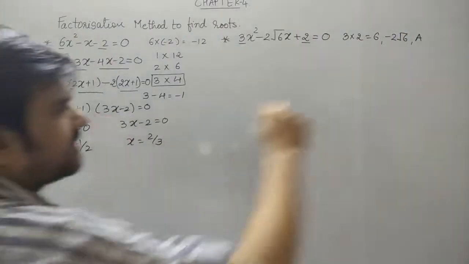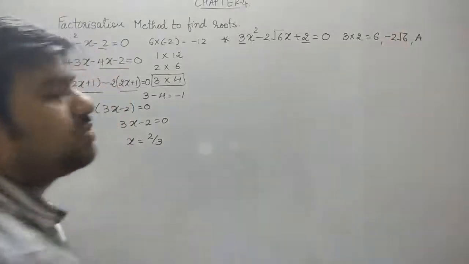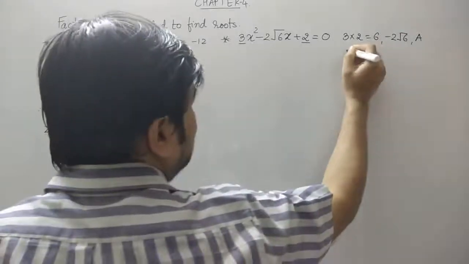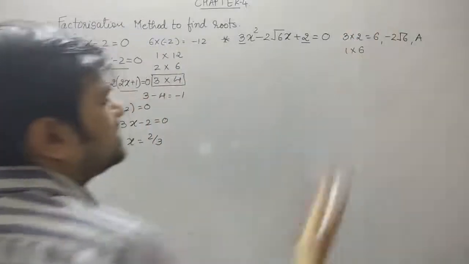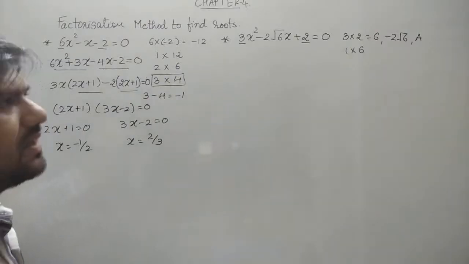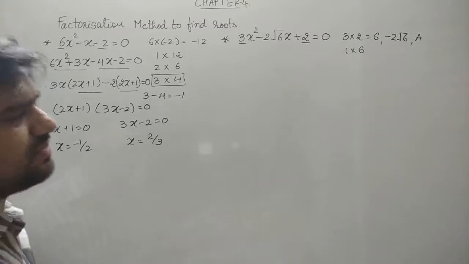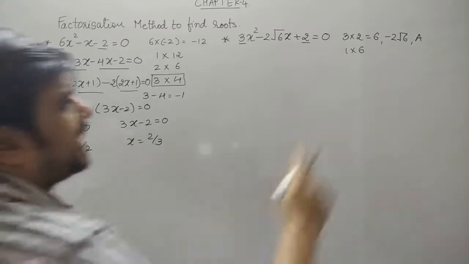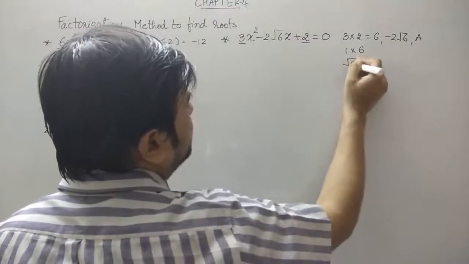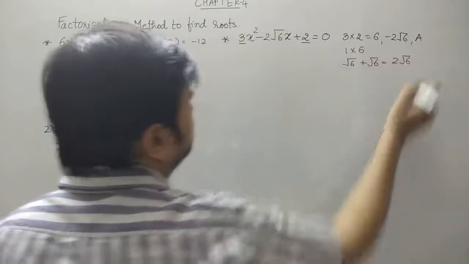Now let's write down all the possible factors of 6 that we will use to obtain 2 root 6. The possible factors of 6 are 1 and 6, and 2 and 3. No other factors are possible to get 2 root 6. If you observe carefully, as we have already discussed in the first chapter, even in the 9th standard, to obtain 2 root 6, if I do root 6 plus root 6, the answer comes 2 root 6.